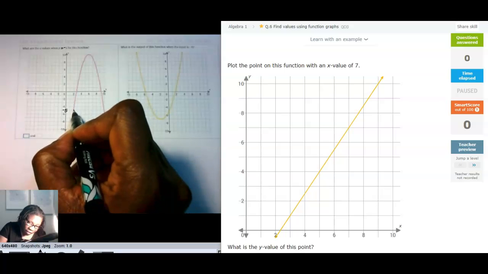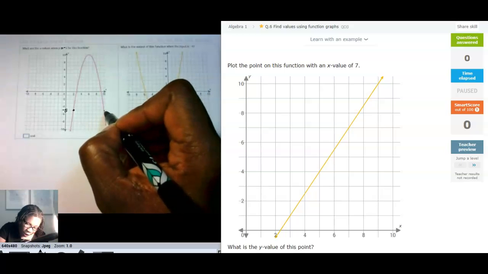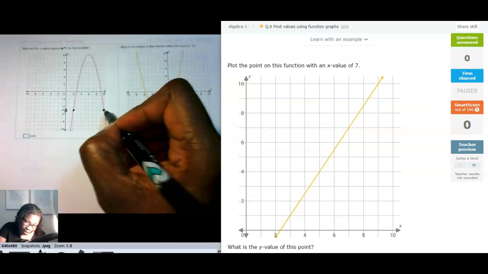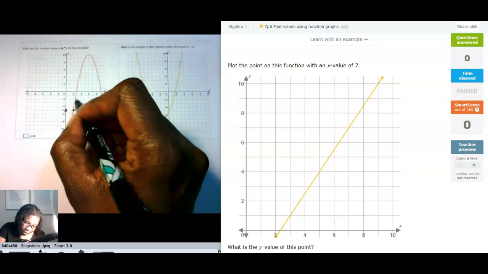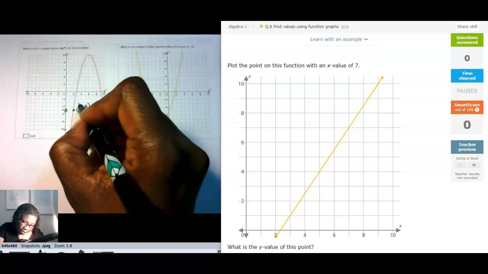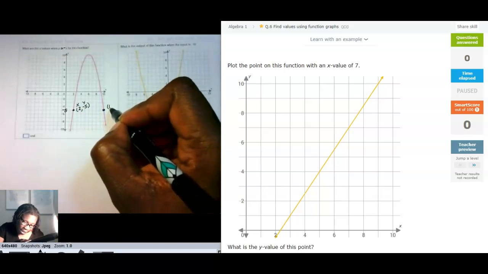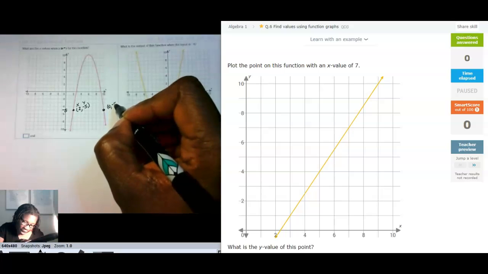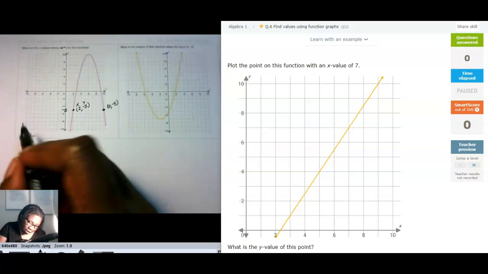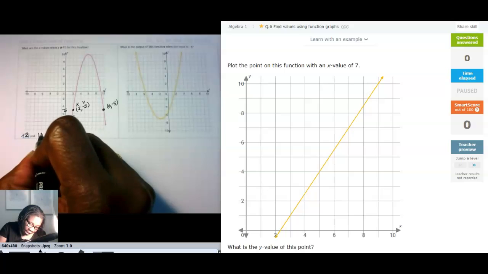We have an x value here at 2, and we have an x value here at 10. So this ordered pair would be 2, negative 5. Here is x and here is y. And this ordered pair would be 10, negative 5. So the two answers here for x would be 2 and 10.